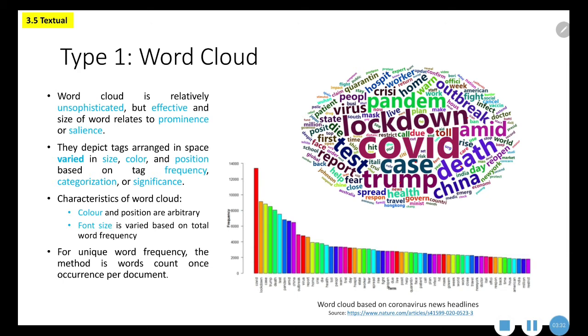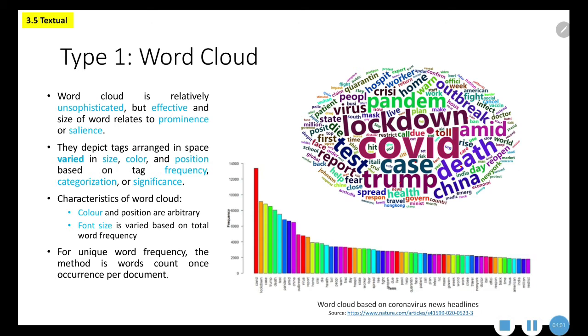The characteristics of a word cloud are that the color and position are arbitrary, meaning random, and the font size varies based on total word frequency. The bigger the size of the word, the higher the word frequency in the text that we are referring to.